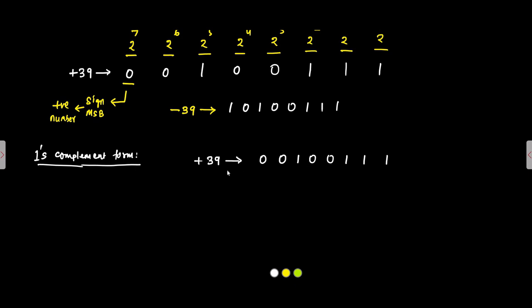Now minus 39 is the 1s complement of the binary representation of plus 39. So we'll only invert the bits of plus 39: 0 will become 1, 1 will become 0. 1, 1, 0, 1, 1, 0, 0, 0. This is the 1s complement representation of minus 39.